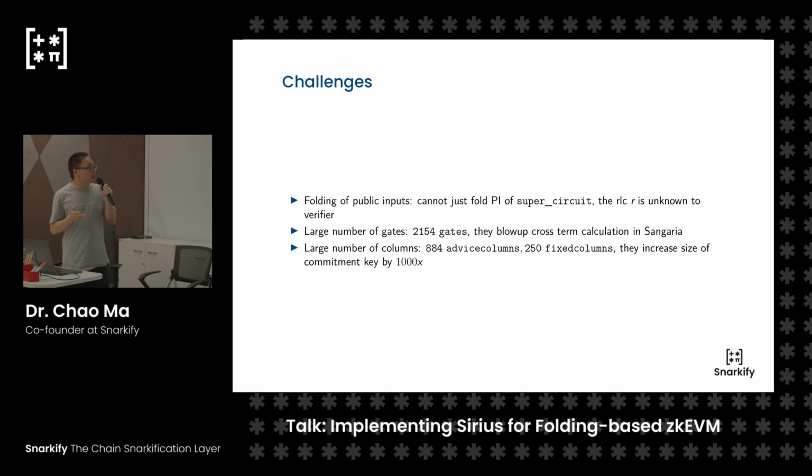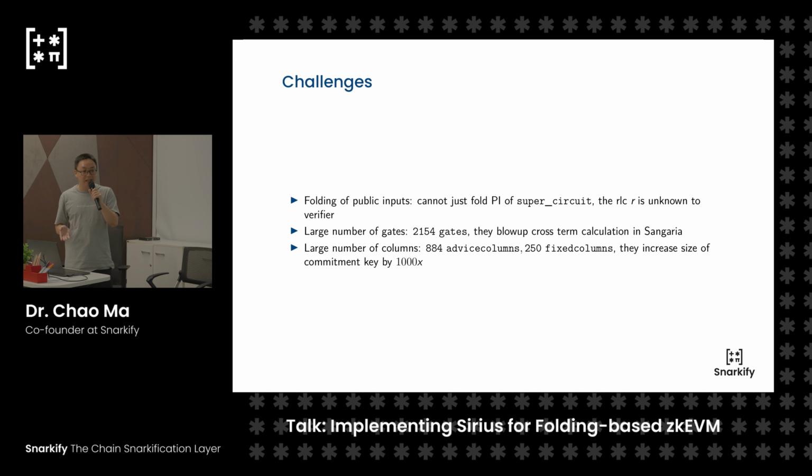You might think we can just do the folding: we do some random linear combination of the public input column. At each step, we create a random number and fold it into the accumulator column. But actually, this will not work. This is because during each step, the random number R is created from Fiat-Shamir, which absorbs the commitment of the data and then creates a random number for each step.